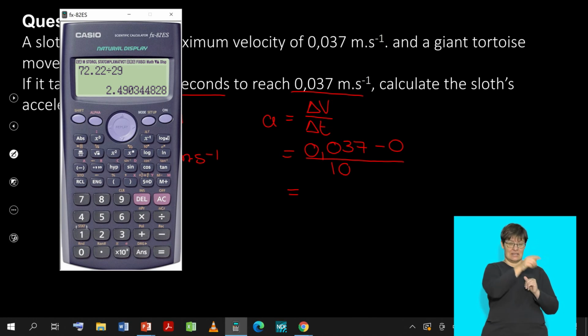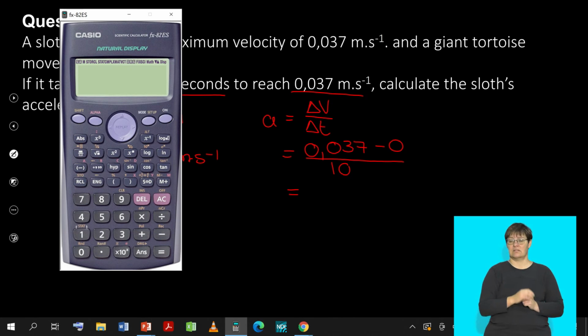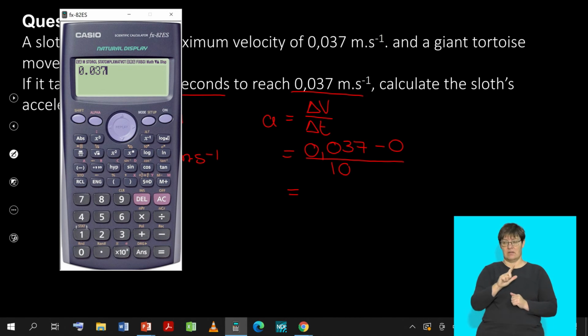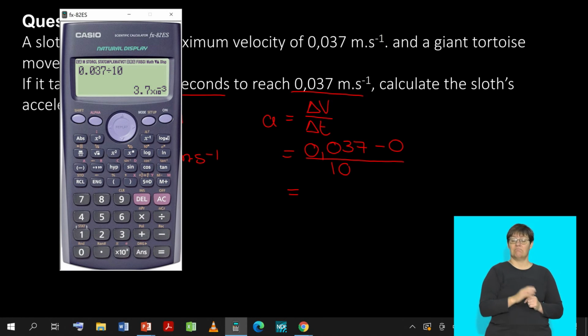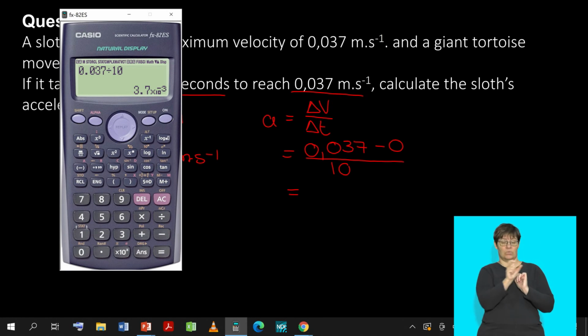We take out our trusty calculator, and we're going to go 0.037 divided by 10, and it just gets smaller. My calculator has already put it into scientific notation.